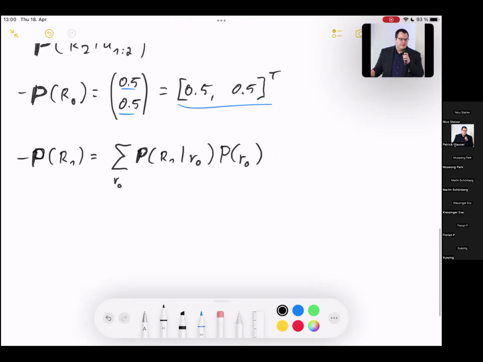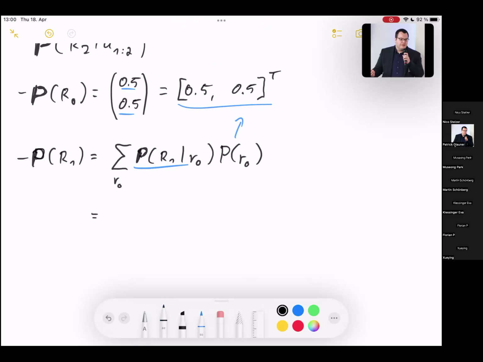And the way I can calculate this is, well, I have my P of R0 up here. And here I need to take into account these transition probabilities, these two tables.